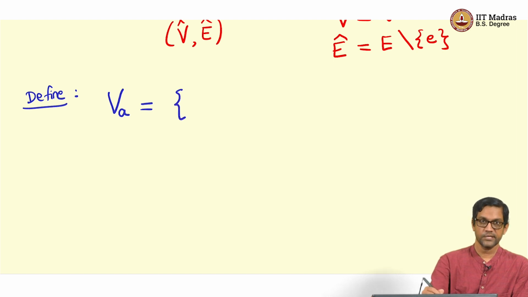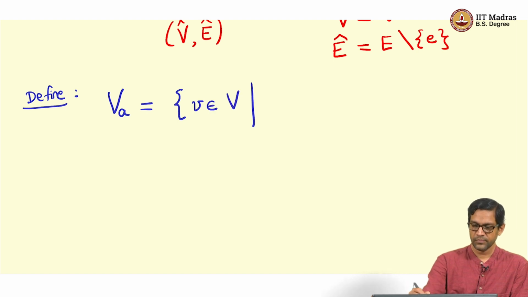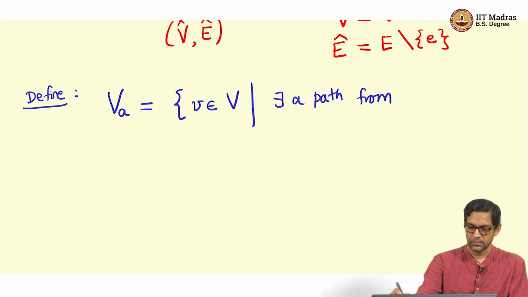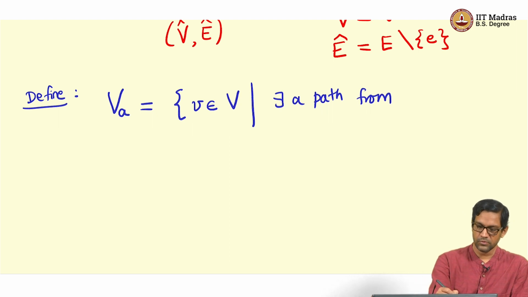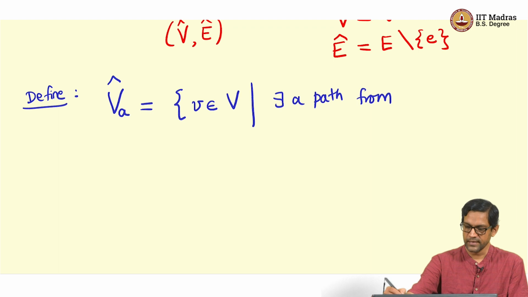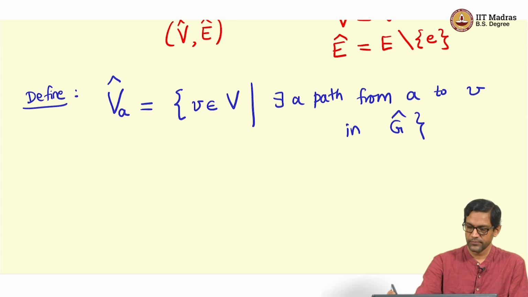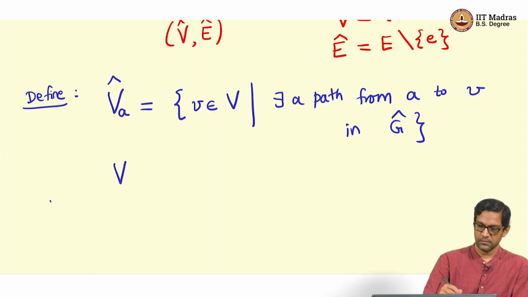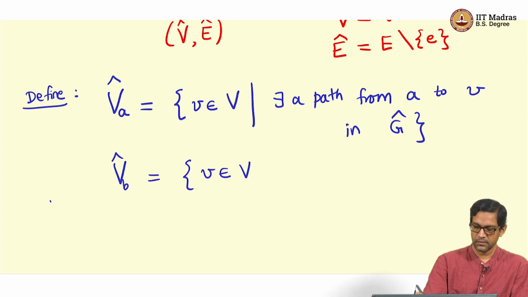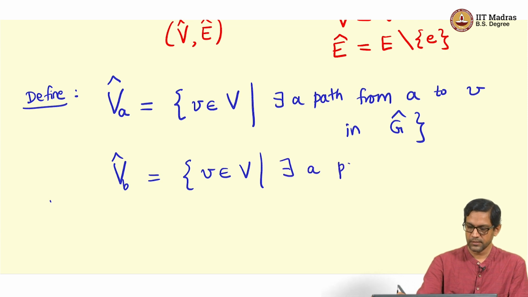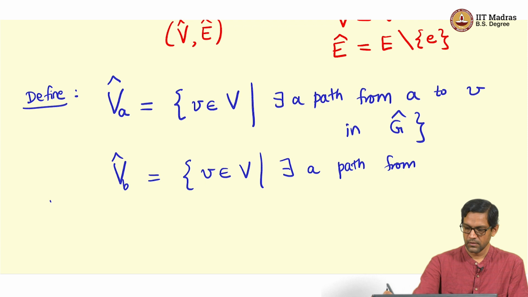VA hat corresponding to the vertex A is all those vertices V of the original graph such that there exists a path from A to V in this new graph G hat, and VB hat is all vertices V such that there exists a path from B to V in G hat.